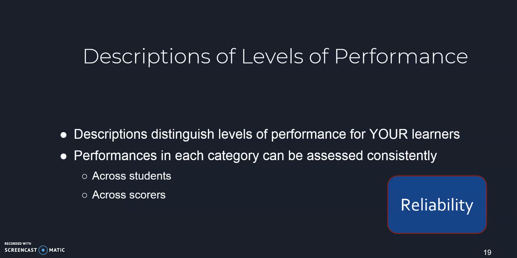And also the descriptors, the descriptions have to help you distinguish the levels of performance for your learners. The students in each category can be assessed consistently across the students and across scores if there's multiple raters. So the descriptors are very, very important for the reliability.